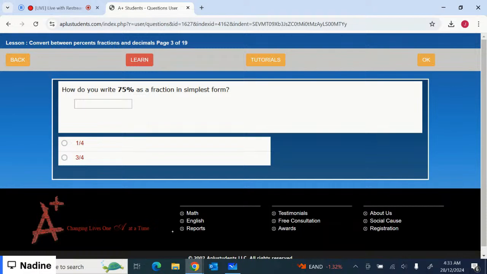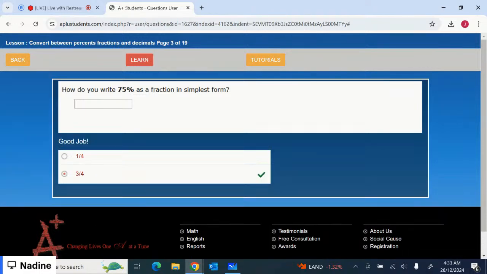So 75 over 100 is 3 over 4. Option number 2 is the correct option.